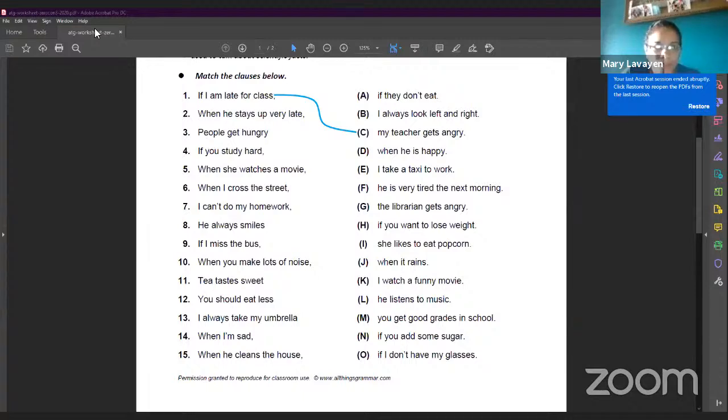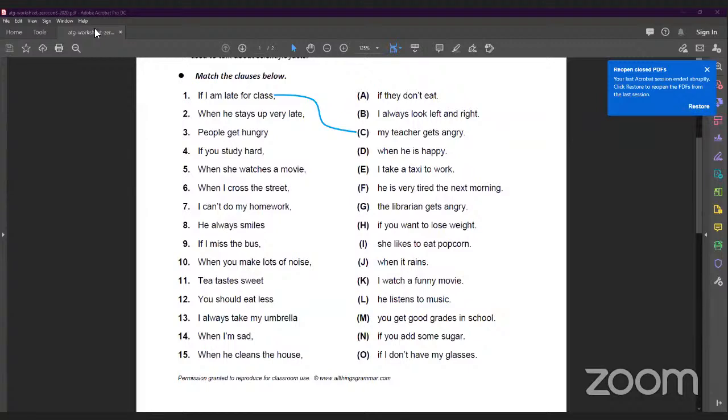People get hungry if they don't eat. Okay, that's actually correct. That is the zero conditional. So remember, in the zero conditional, like first and second conditional, we have two clauses. I call these clauses action and consequence. The action is the one that has the word if, and the other one is the consequence. That's correct.